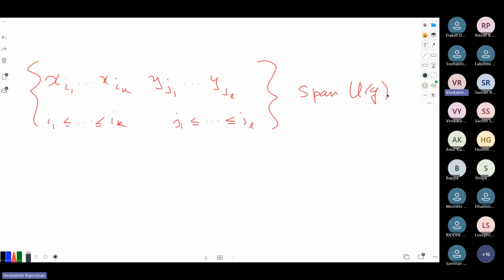I guess you need to give some powers to these. Since I put the equality, to count it with repetition is not a problem.